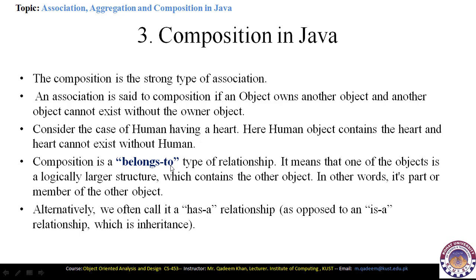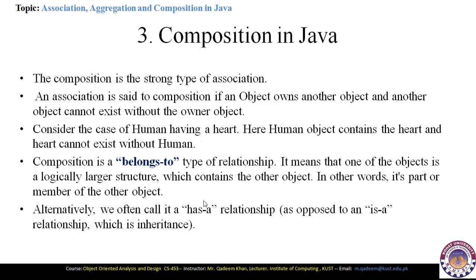Unlike aggregation, which is the has-a relation, composition is called the belongs-to relation in UML. It means that one object is a logically larger structure which contains the other objects, so the others are parts or members of that object. So we call it a has-a relationship, as opposed to an is-a relationship, which is inheritance.